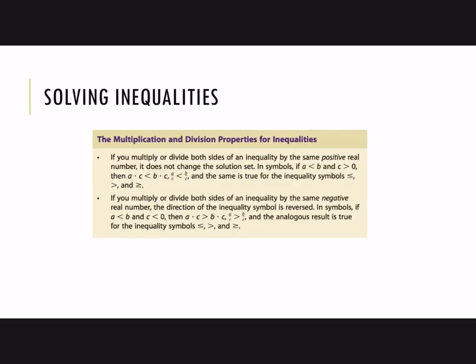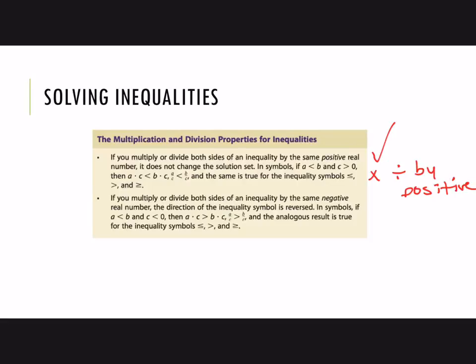In other words, you can multiply or divide both sides of an inequality by a positive number. On the other hand, for negative numbers, when you multiply or divide by those, then the direction of the inequality symbol needs to be reversed to keep that a true statement.